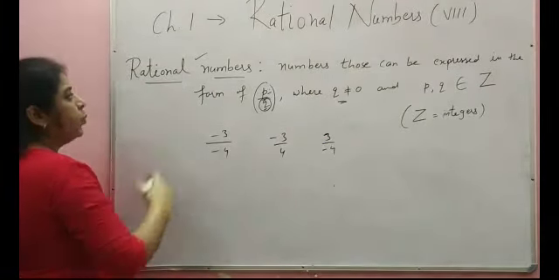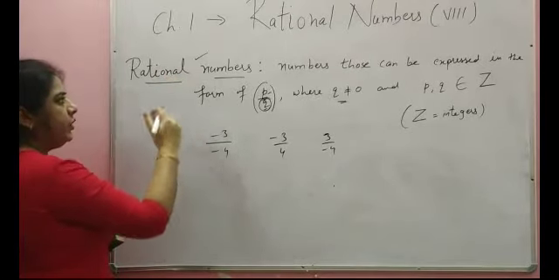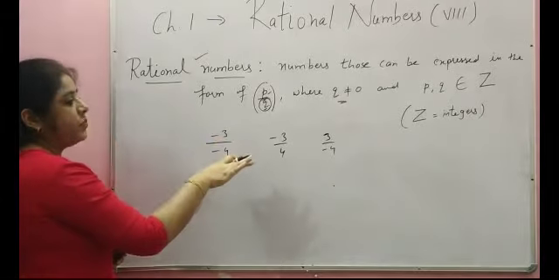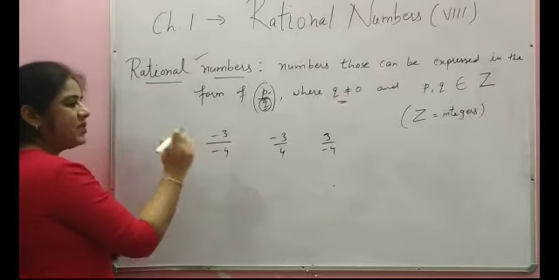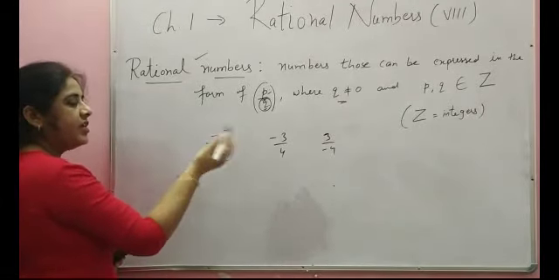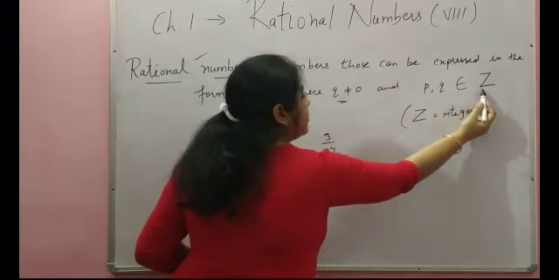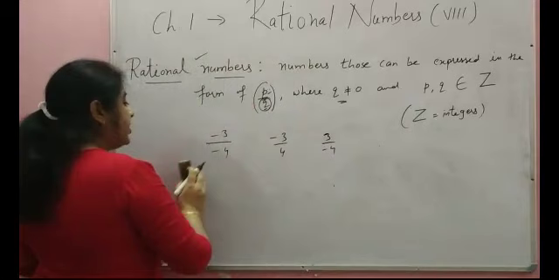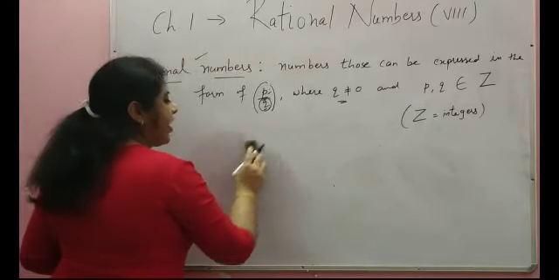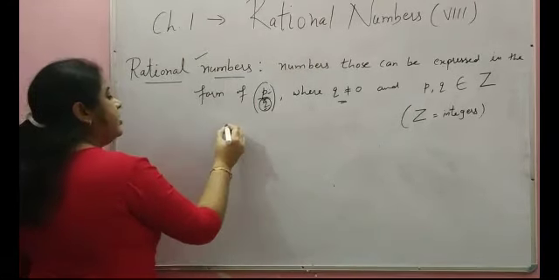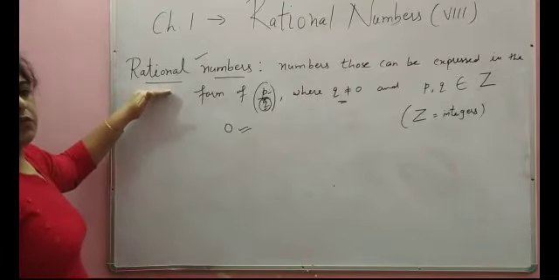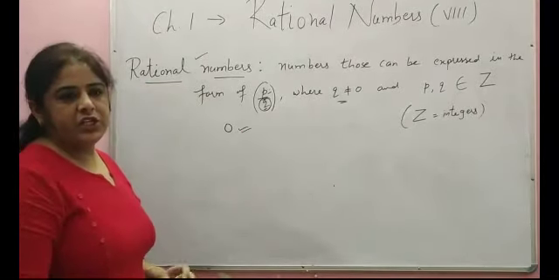So what is the main difference between rational numbers and fractions? Fractions are always positive, but rational numbers can be positive as well as negative, as integers also have positives and negatives. But as 0 is a fraction, 0 is a rational number also. So this is the definition of rational numbers.